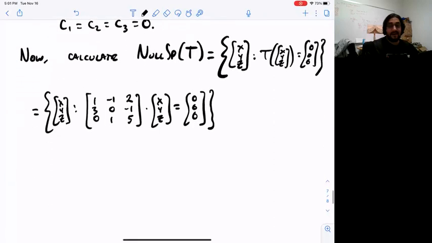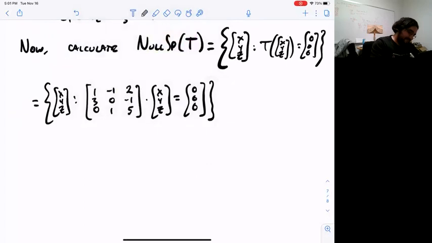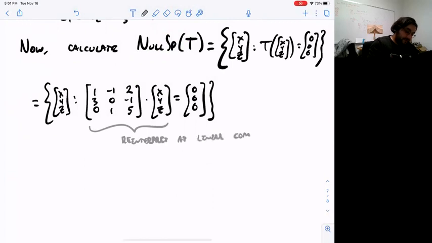Okay, now here's the sneaky bit. Reinterpret this as linear combinations of those column vectors.